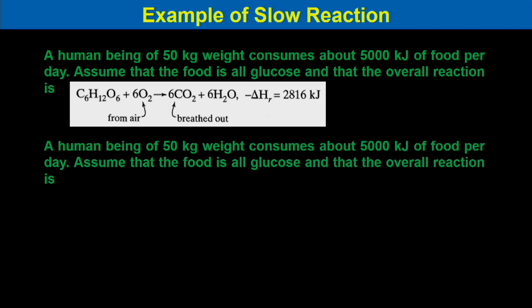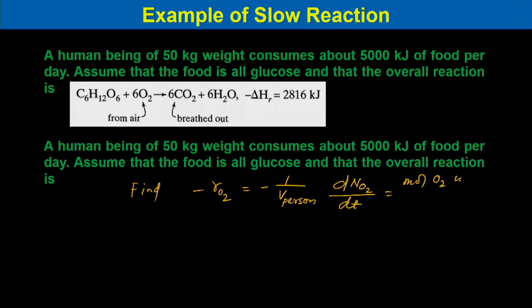So, what we need to find out? R_O2 is equal to minus 1 by V times dNO2/dt, that is mole oxygen used per meter cube of person per second. This we need to calculate.